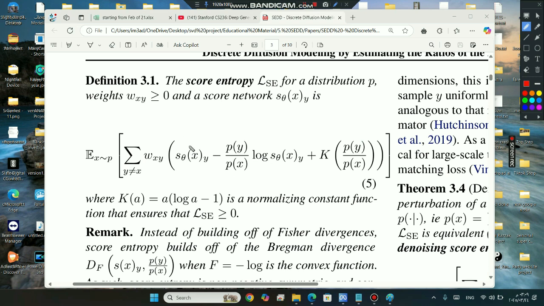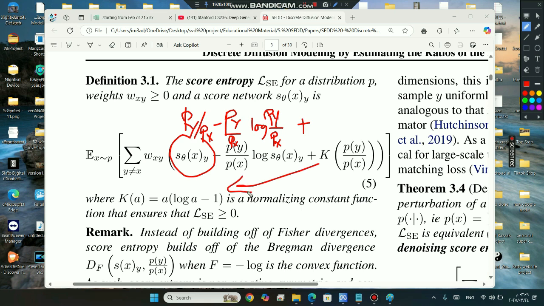So right now, if I substitute for each term, S term, Py over Px, minus this same term, Py over Px times log Py over Px, plus k. What do we mean by this k function?